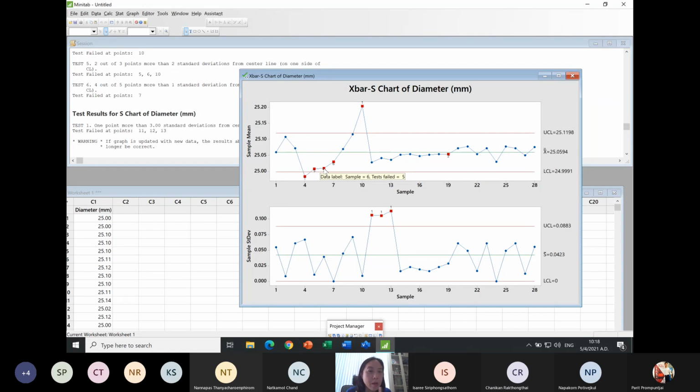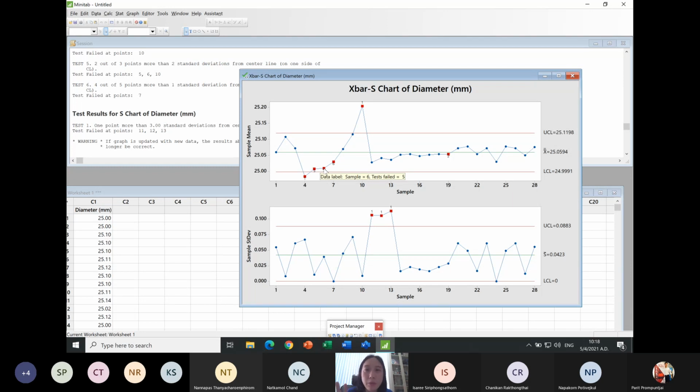Because now we are at subgroup 6, and the previous subgroup, number 5, is in zone A. Now subgroup number 6 is still in zone A. So there are 2 consecutive points in zone A. That means this pattern continues from subgroup number 4 to 5 and also to 6, right?